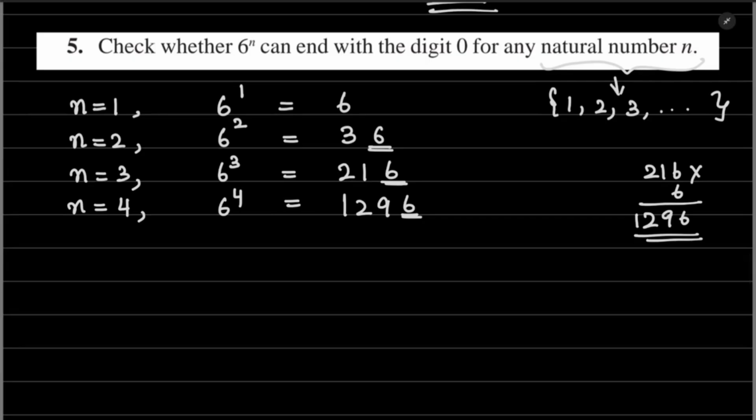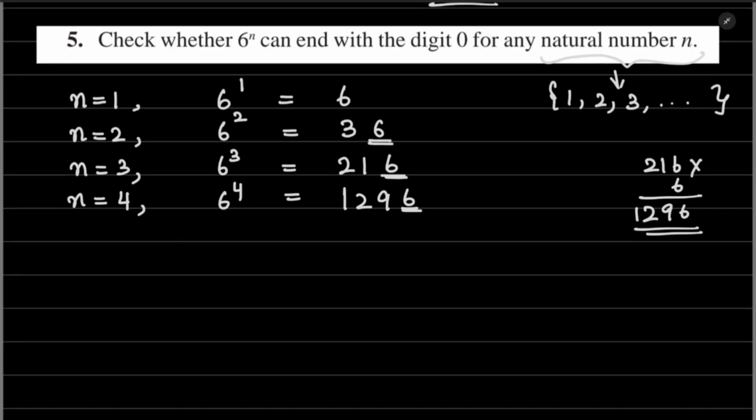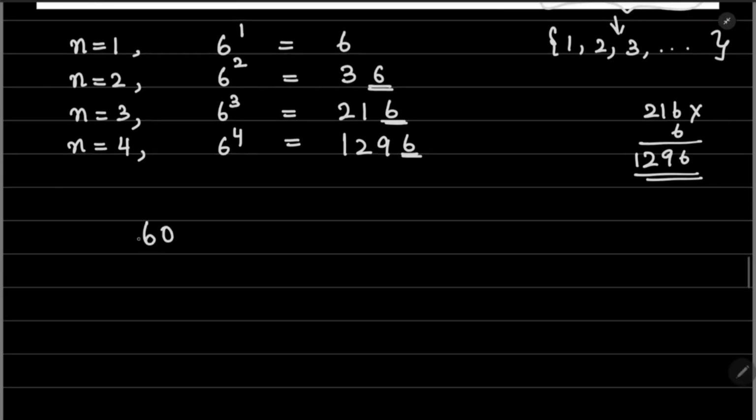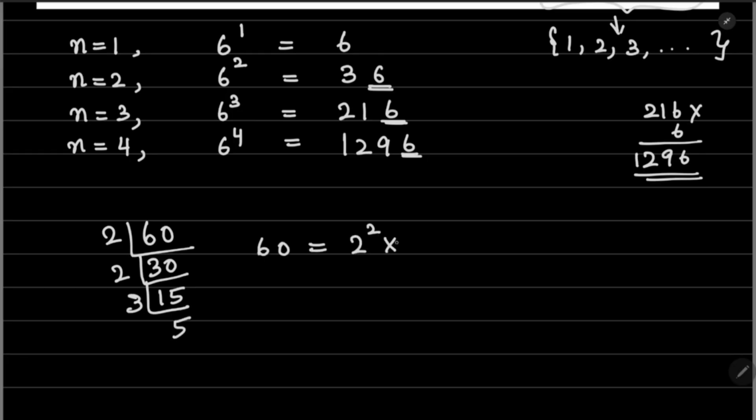But in order for a number to end with 0, for example, let us take 60 and let us take the prime factorization. So you have 2, 30, and then again 2 into 15, and then 3 into 5. So 60's prime factorization will be 2 square into 3 into 5, right?